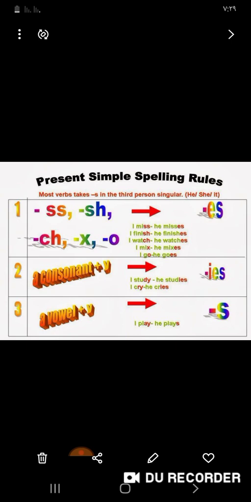And if the verb ends with y preceded by a consonant, like study, cry, or hurry, I turn the y into i, then add es, so I add ies. If it ends with a vowel plus y, we don't change the y, we keep it and only add s.